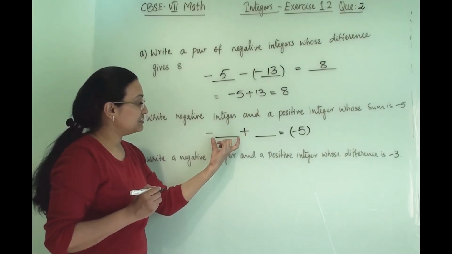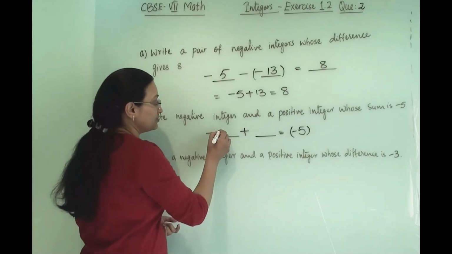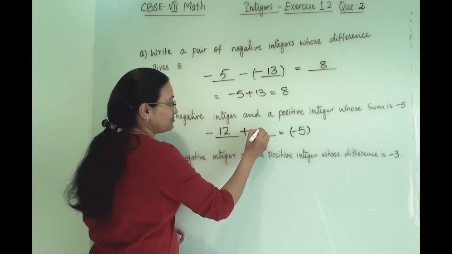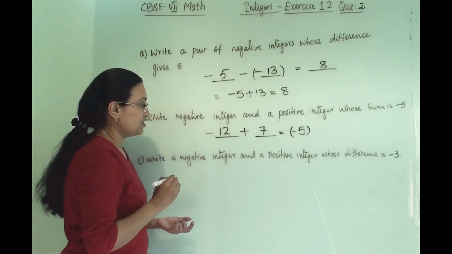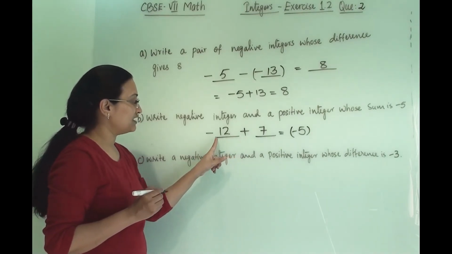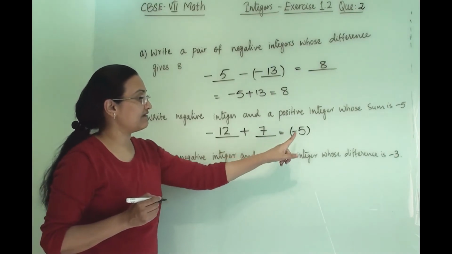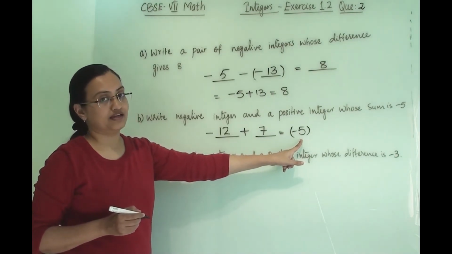When the bigger number has the negative sign. So here let us put 12 and plus we will put 7. When we add these two, this will lead to subtraction and it will carry the bigger number's sign. So minus 12 plus 7 and we will get minus 5.